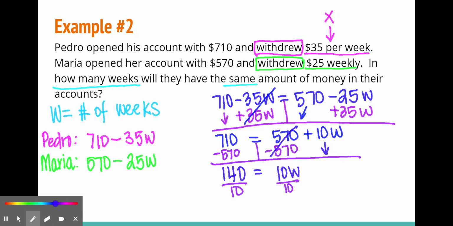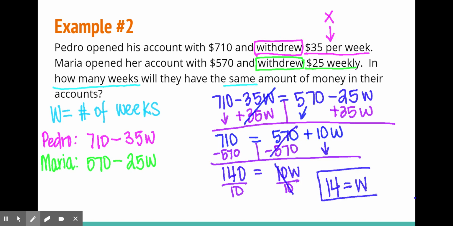When I do that, 10 divided by 10 is just 1, so those cancel out. 140 divided by 10 is 14. And then on this side, I'm just left with W. So W equals 14. What this means is that it will take 14 weeks for Pedro and Maria to have the same amount of money in their account.